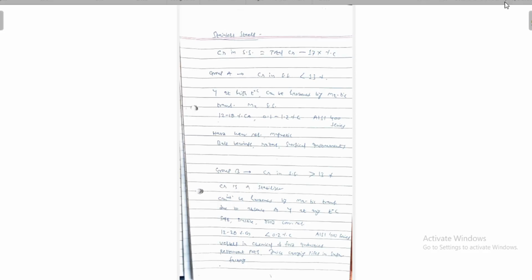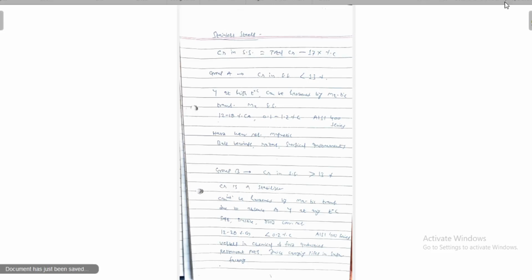So as in this case, group B, where the chromium content is very high, and chromium is a ferrite stabilizer, right from high temperature to room temperature, 100% ferrite will be obtained in the microstructure, and ferrite cannot be transformed into martensite.